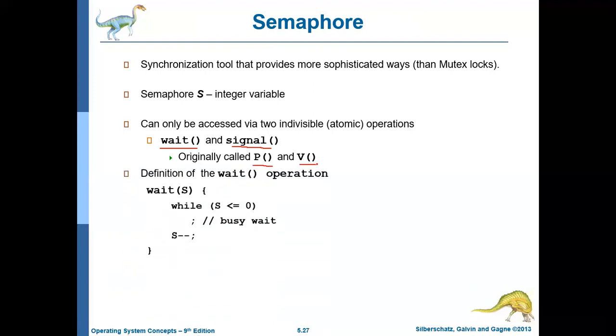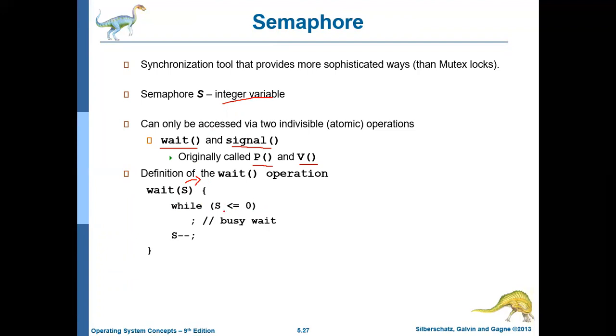And this is how the typical wait instruction appears. Wait and signal are atomic instructions. So wait on the semaphore S. S is connected to a shared resource, and S holds an integer value. In the wait, we check whether S is less than or equal to 0.